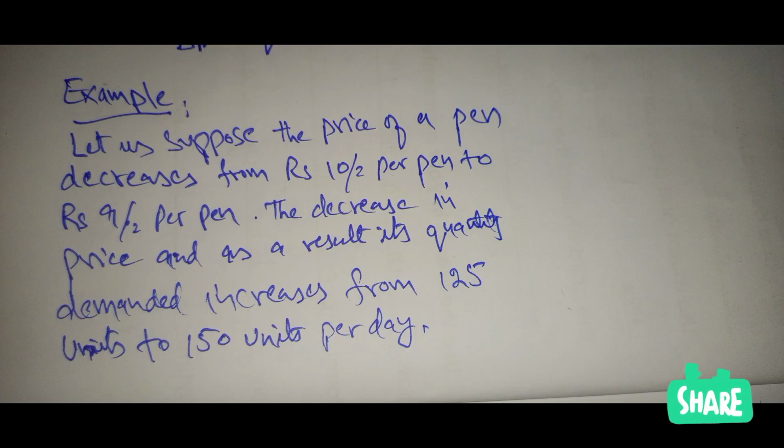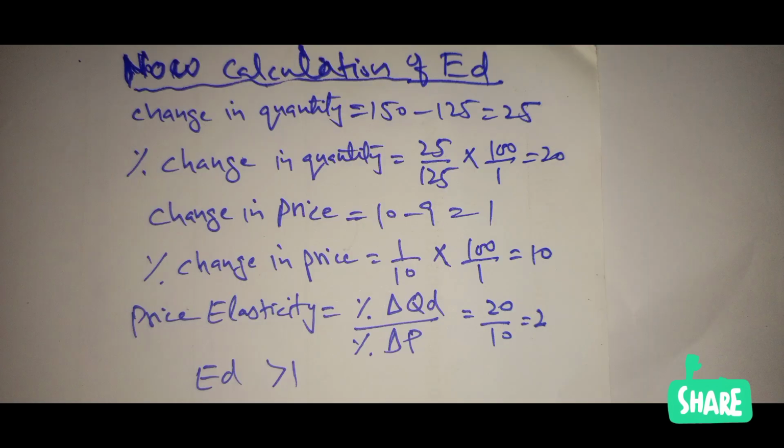Here a point to be noted is that quantity demanded is dependent upon the changes in price. The changes of quantity demanded is dependent upon the changes in price. Here the price is the independent variable and quantity demanded is the dependent variable.